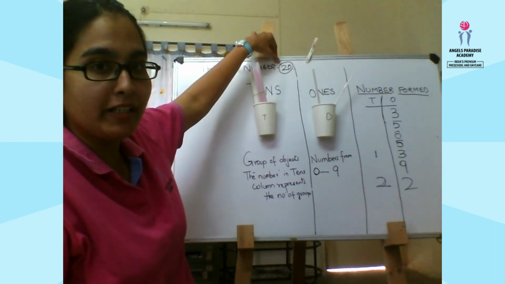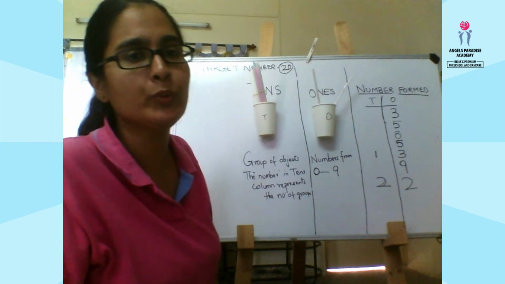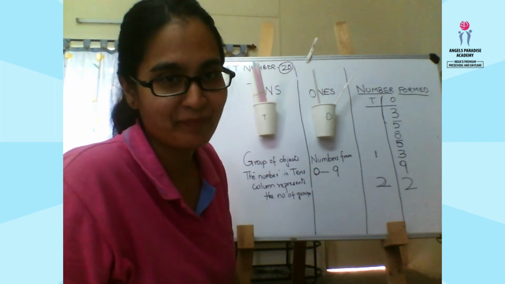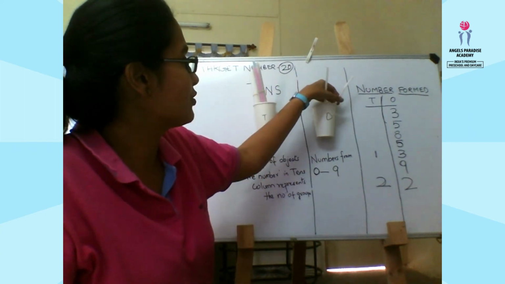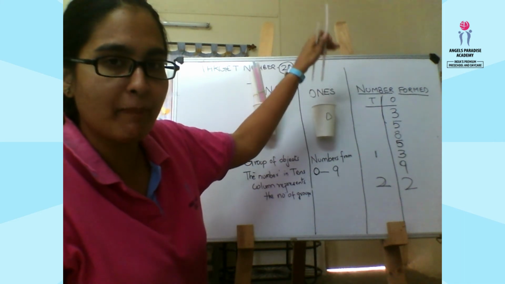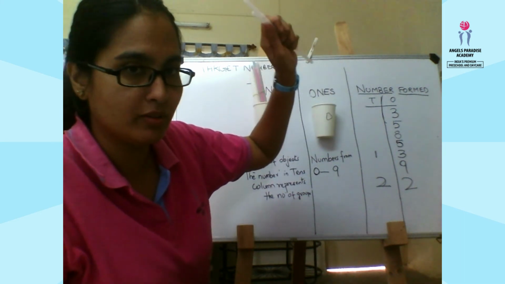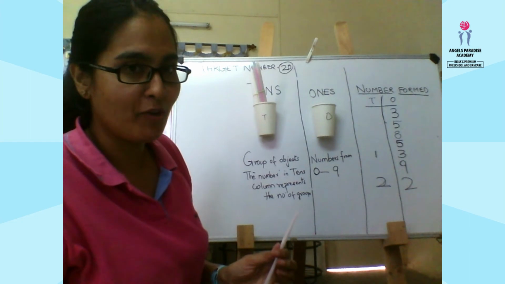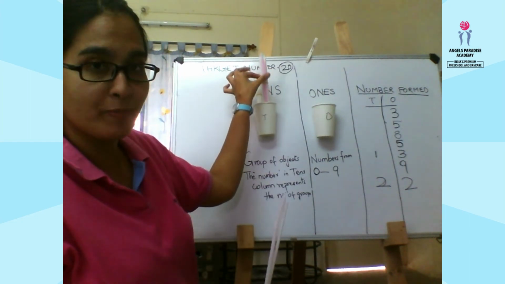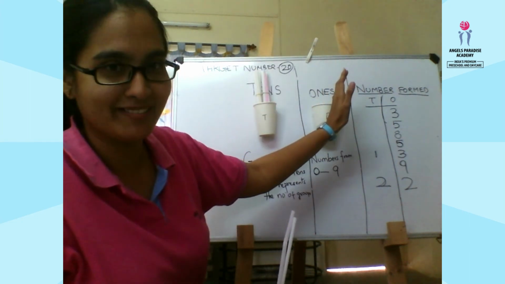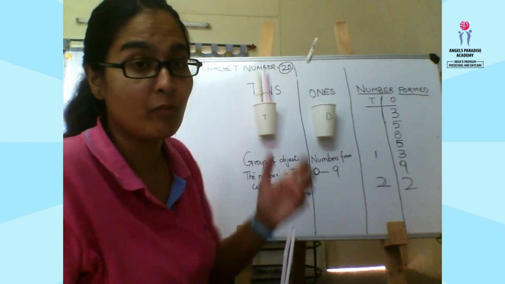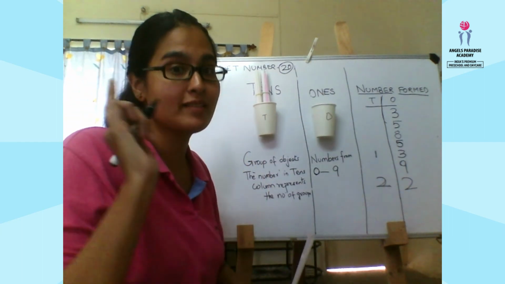So it is 20. So what can we do to make this number 20? Can we remove these 2 straws now? What will happen if we remove these straws now? So what number is formed? So two groups and no objects here. When there is no object, what number do we write? We write number 0.